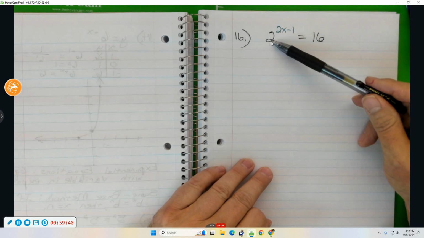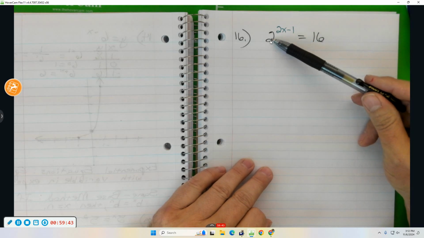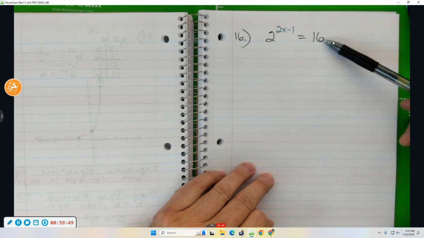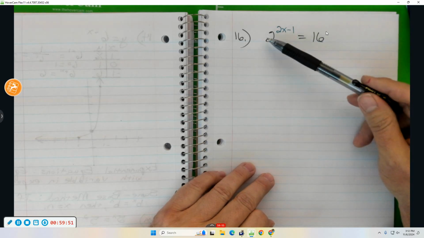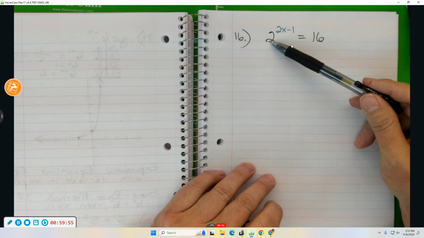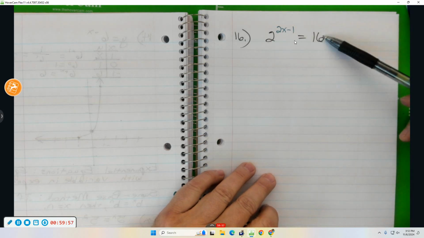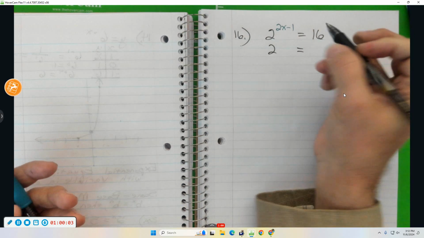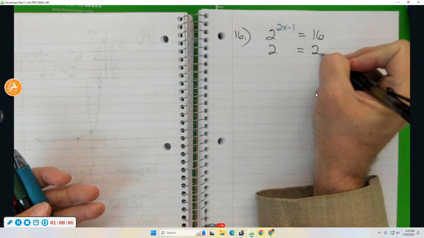My advice to you, look at the smaller base, 2. 2 is a prime number. You're not going to write 2 as a power of anything other than 2. You better be able to write 16 as 2 to a power. Can we do that? How do we write 16 as 2 to a power?